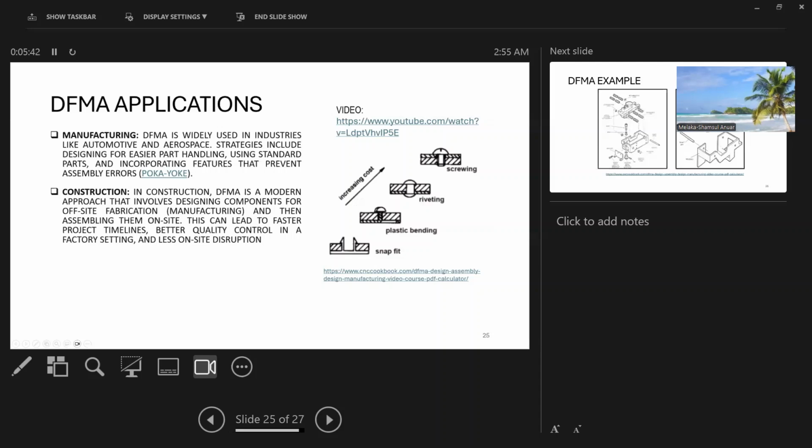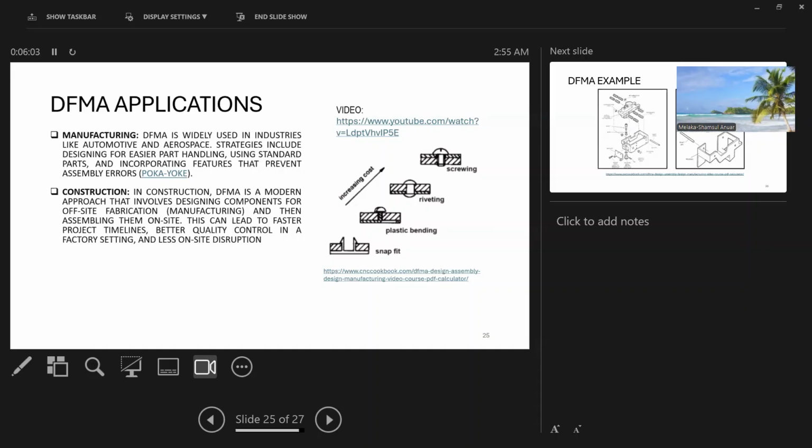Okay, and in manufacturing, they also have this principle or concept called Pokayoki. Some pronounce it Pokayoke, but somebody told me the correct pronunciation is Pokayoki.